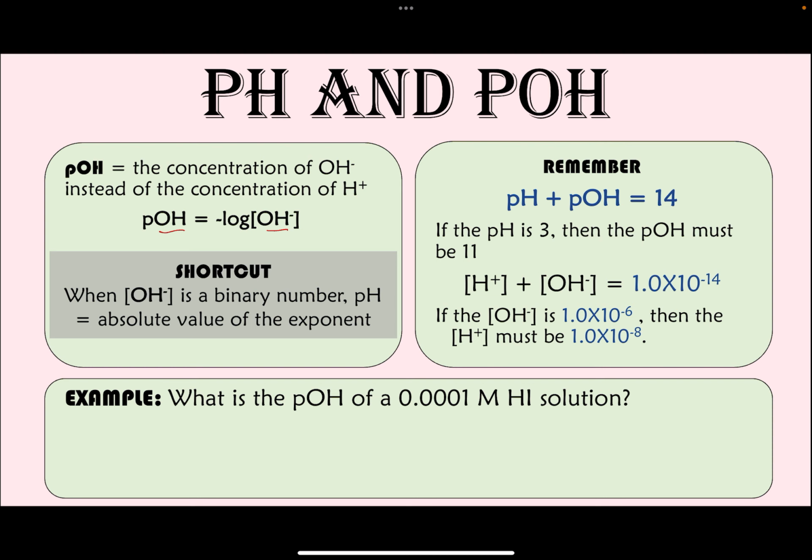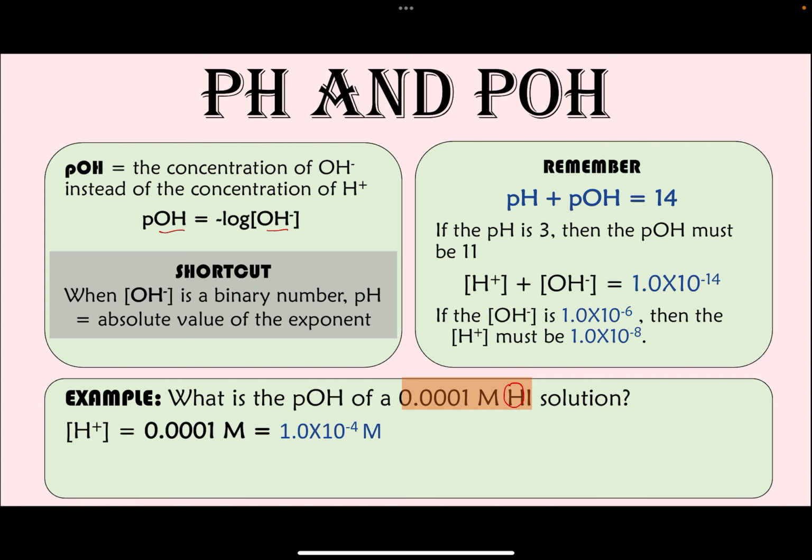So if I ask you what is the pOH of a 0.001 molar hydrogen iodide solution, so you are given the hydrogen iodide, which has the H positive ion. That means this is an acid.